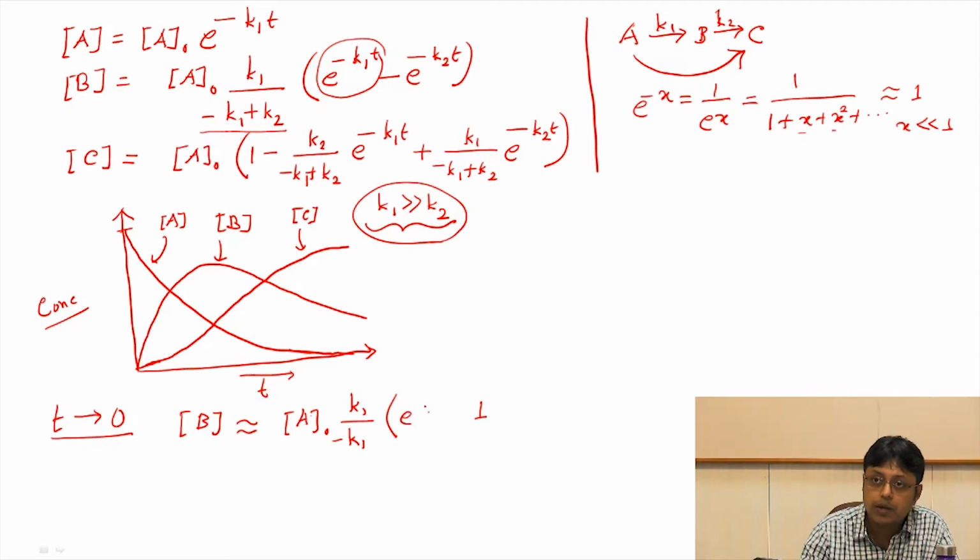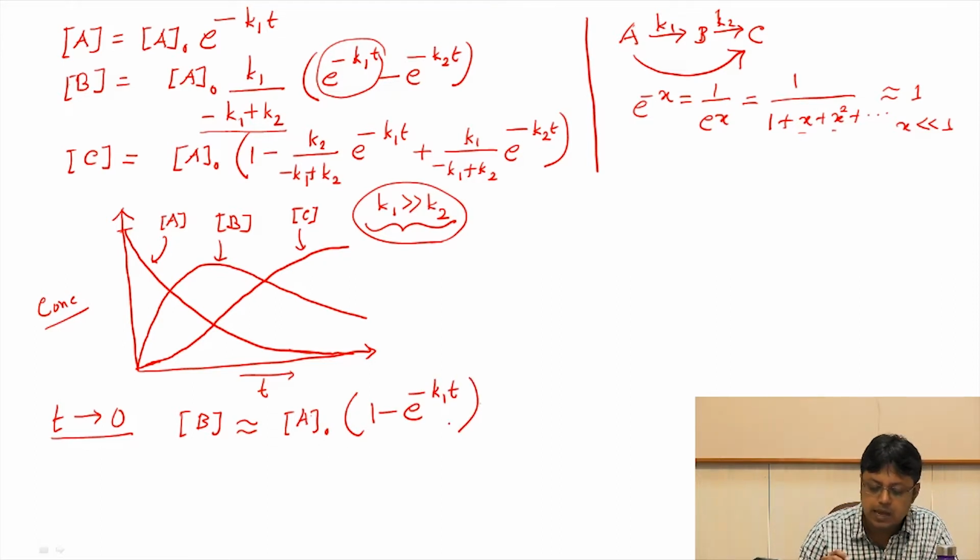But e to the power minus K1t you cannot approximate, because t is small but K1 is still large. So I'm just keeping it as e to the power minus K1t minus 1, and you could put the minus sign inside. So it will be nothing but 1 minus e to the power minus K1t.